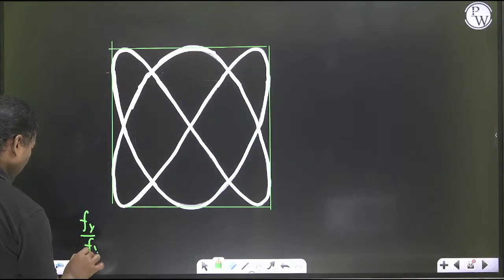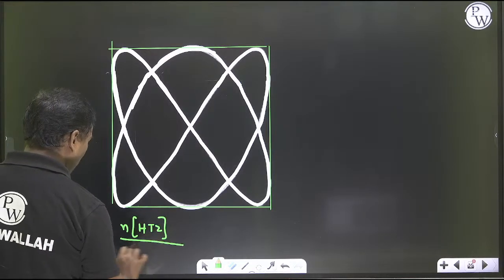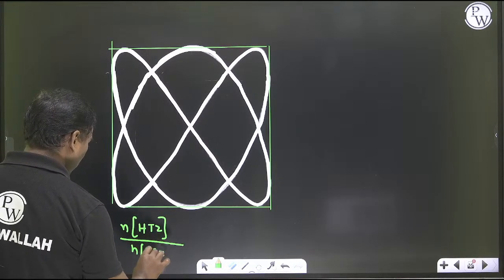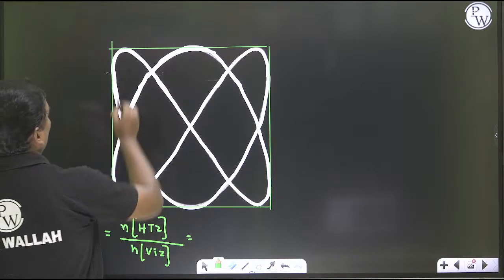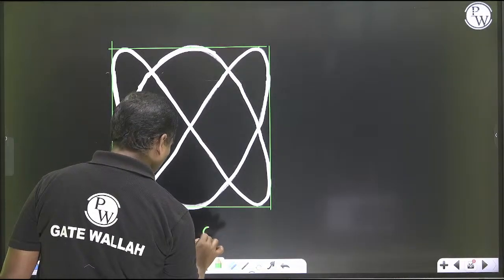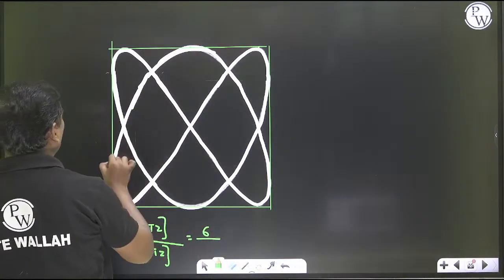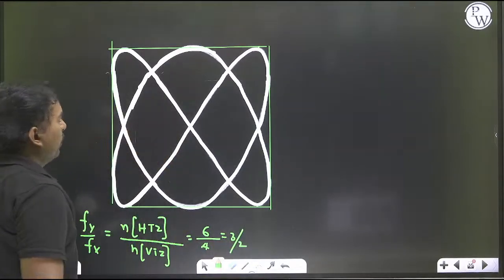Fy by Fx is equal to number of horizontal tangencies by number of vertical tangencies. So horizontal tangencies are how many? 1, 2, 3, 4, 5, 6, and vertical 1, 2, so 4. So 3 by 2 should come in this method.